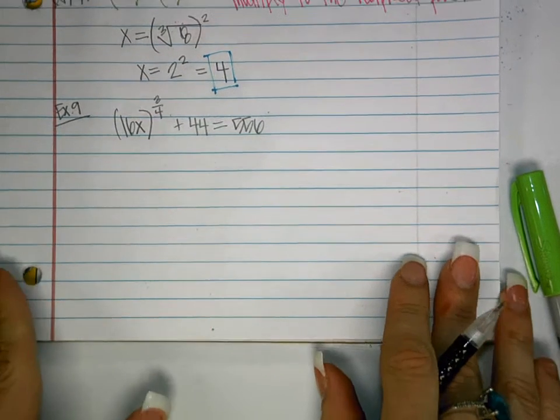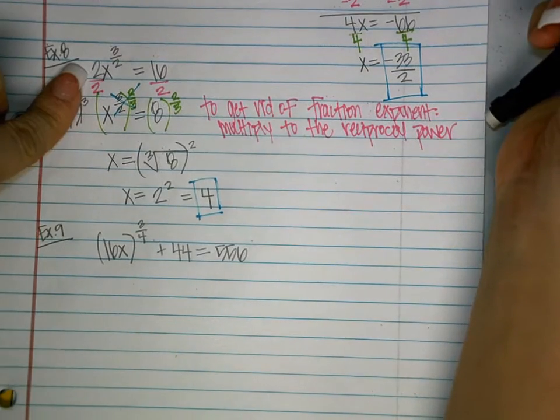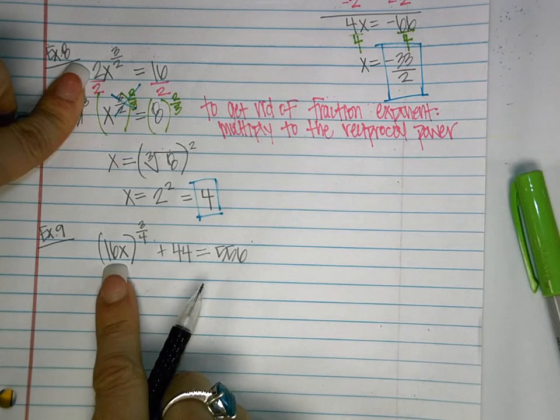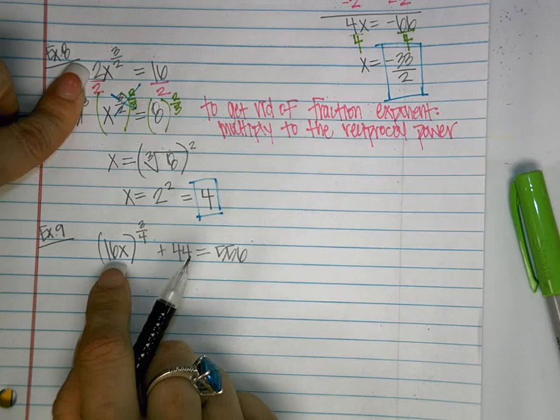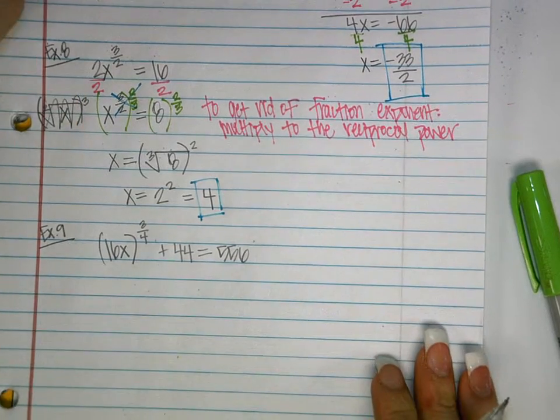Now, this is a little bit different than the last one. On number 8, only the x got that exponent, so you had to get rid of the 2 first. Here, everything, the 16 and the x, has that exponent, so we do not need to get rid of the 16 first.